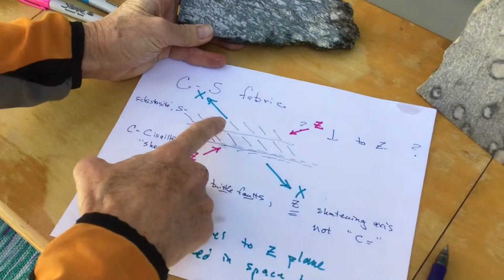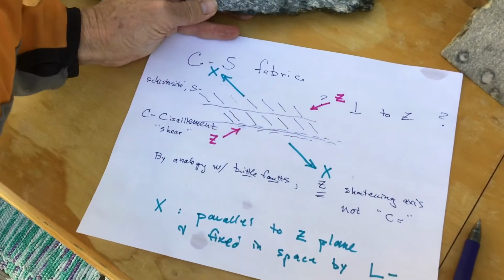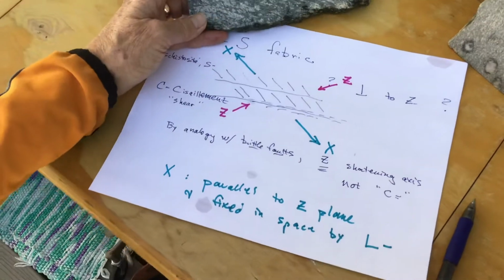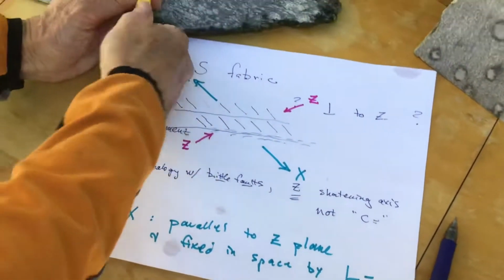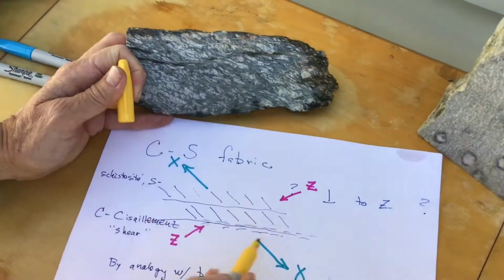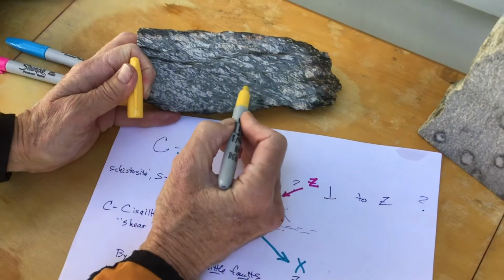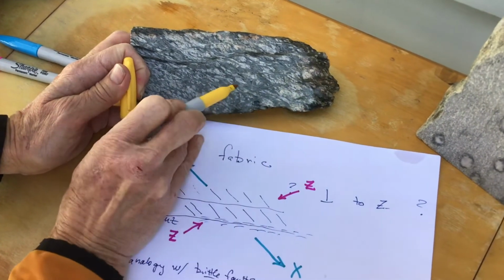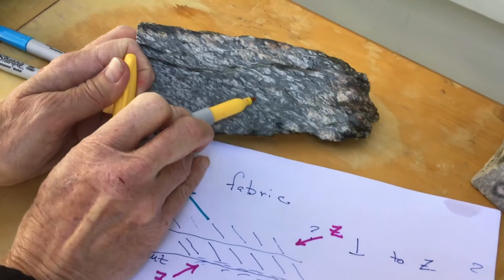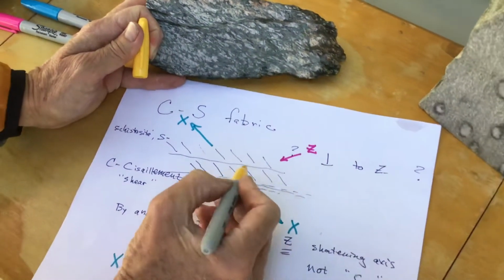This geometry creates, and we could generalize each of these lozenges. Here I'm going to point to this potassium feldspar and draw it into this diagram.